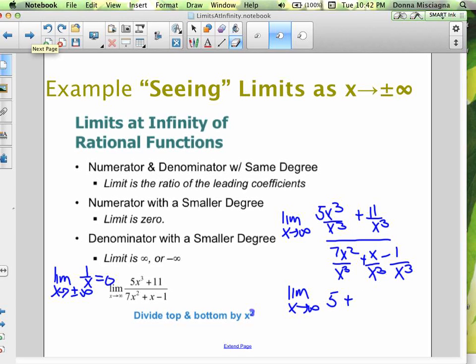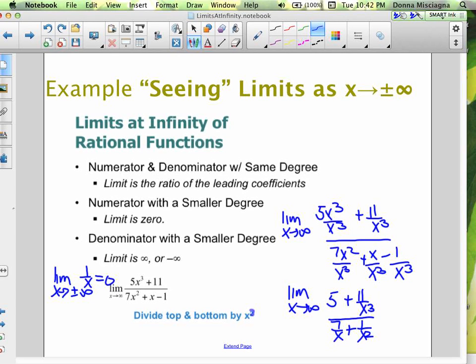I'm sorry, we're simplifying, getting ahead of myself. 11 over x cubed, and then all over, when we reduce there, 7 divided by x, plus 1 divided by x squared, and 1 divided by x cubed, because that won't simplify at all. And now when we plug in, we've got 5 plus 0, and in the denominator, nothing but 0.